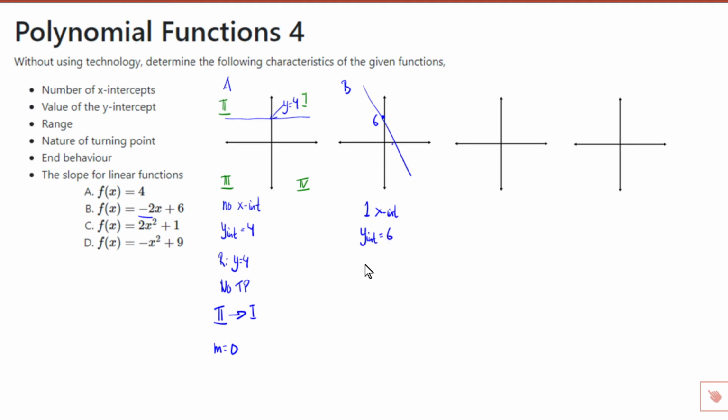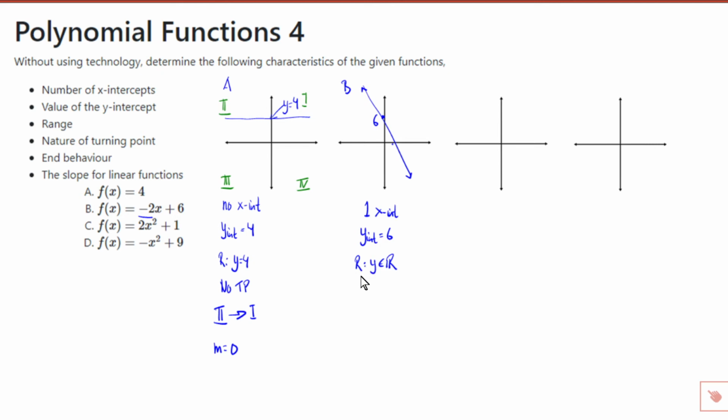The range, so at the end of this function we can put these arrows, and so the range is going to be, if we use set notation, actually we don't need to use those curly brackets, we can just write it as y belongs to real numbers, which means y goes from negative infinity down here up to positive infinity up here.